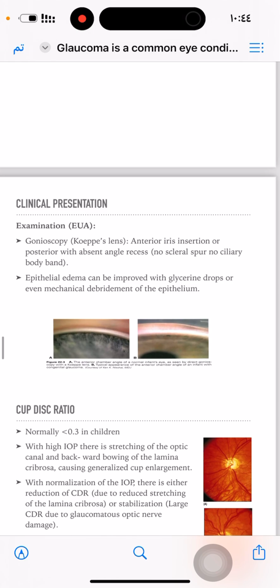Okay, clinical presentation with the Koeppe lens: anterior iris insertion with absent angle recess. There is edema, which can be improved with glycerin drops or even mechanical debridement of the epithelium.